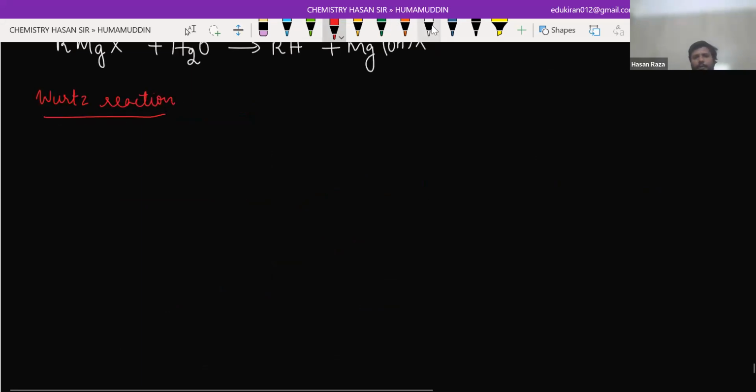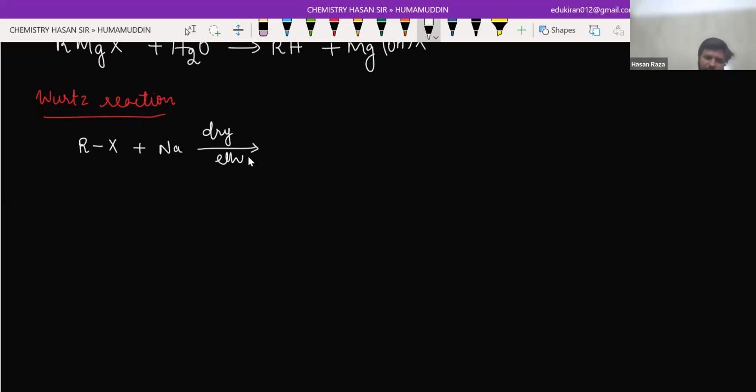Now you can see if you react an alkyl halide with sodium in the presence of dry ether, you know what will happen? It will become double. Whatever is the number of carbons in the alkyl halide, it will be doubled, and it will be the product.